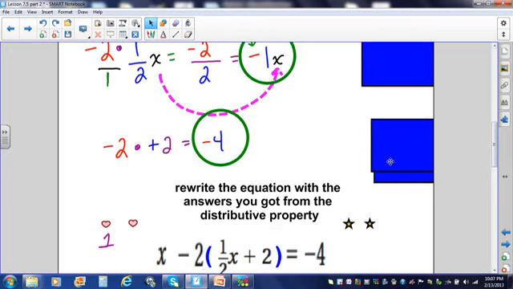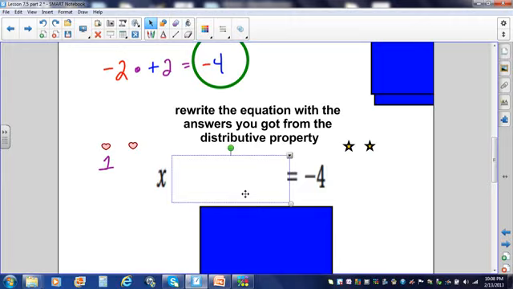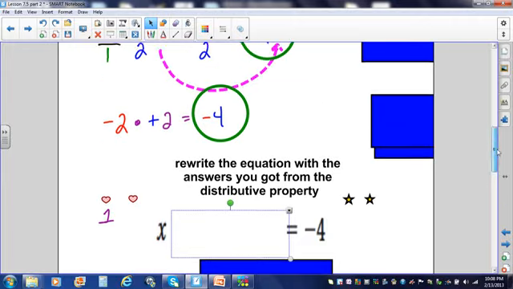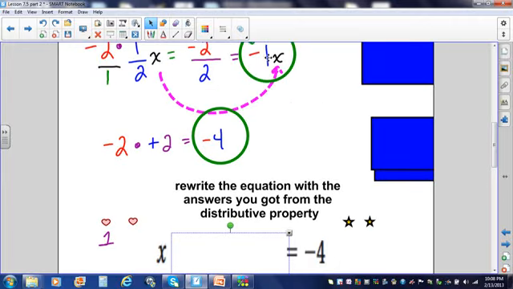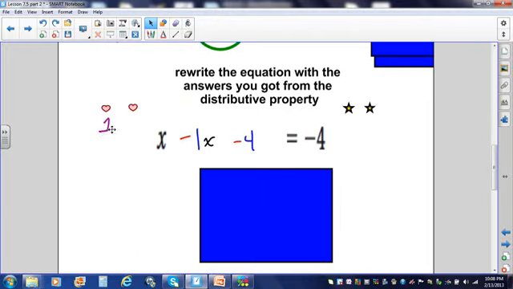I'm going to take the distributive property out and rewrite the problem with the answers I got. So I got a negative 1x, and I got a negative 4. Now I've rewritten the equation.